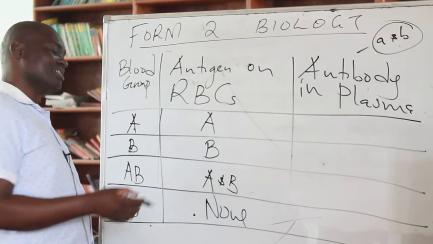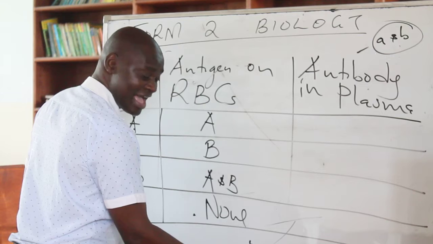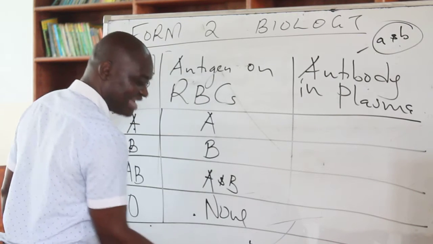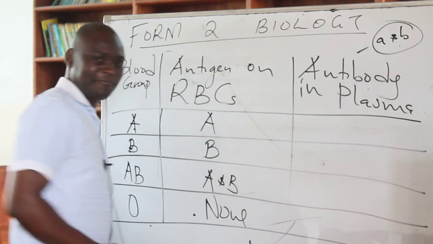Correspond meaning a blood cannot have antigen A and antibody A. A and A, those are the same letters. So this one can never happen.